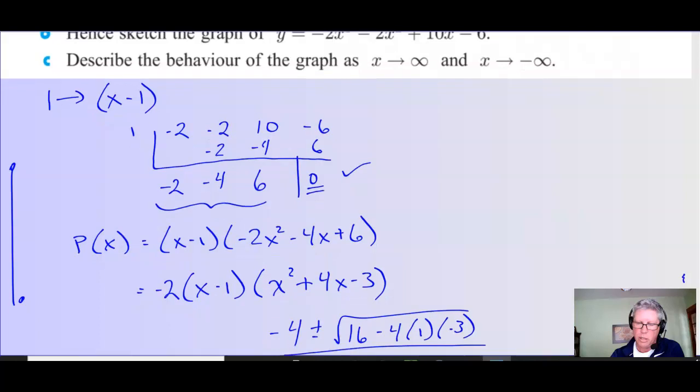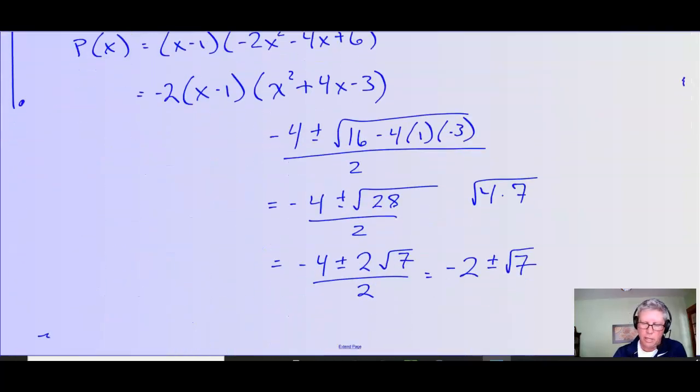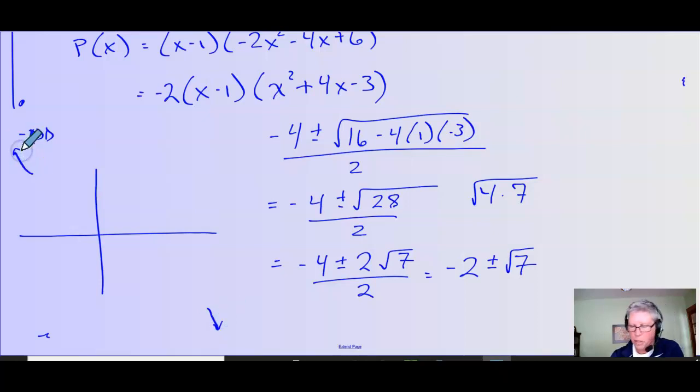All right, so we know this is, let's do it right here. We have a negative odd. So that is going to be something goes here and here. We know we have a root at 1.